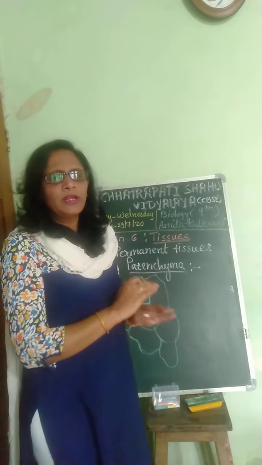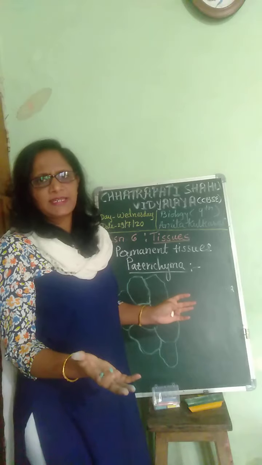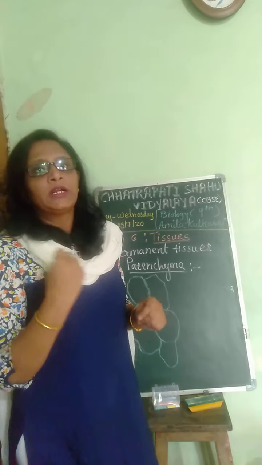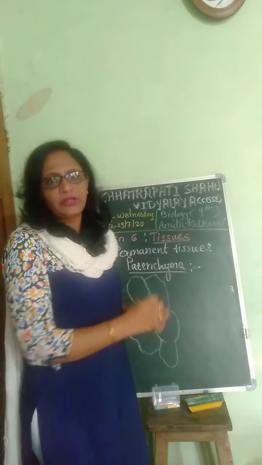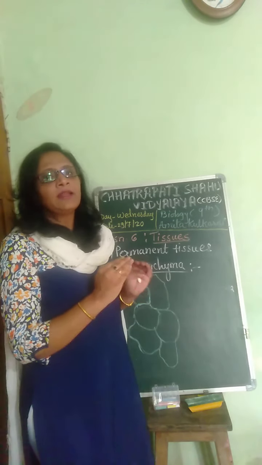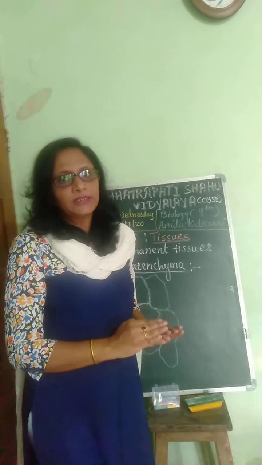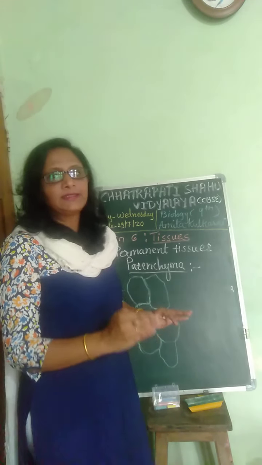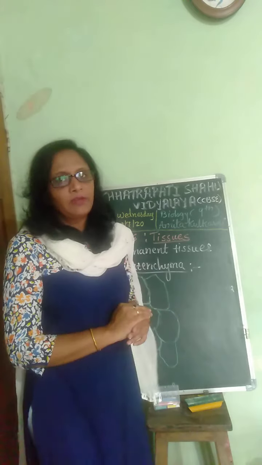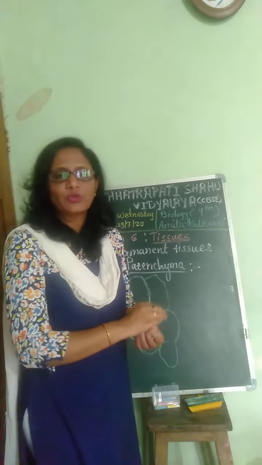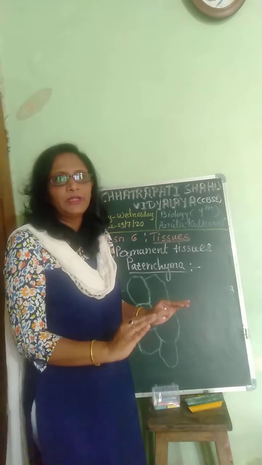They are not at all much specialized tissues or very organized or very highly efficient tissues as such. They are just present in the linings of the different organs. They are support giving and protective in nature. So they are very simple tissues.